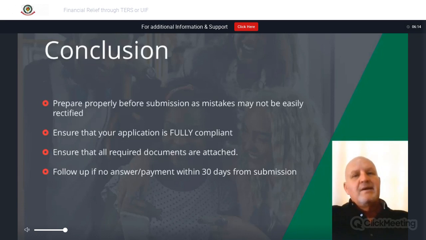The submission email address we have given to you. And there's also in your TERS aid booklet, a fax to email if you would rather like to fax your application. You may follow up if there's no answer or payment within 30 days from the submission.